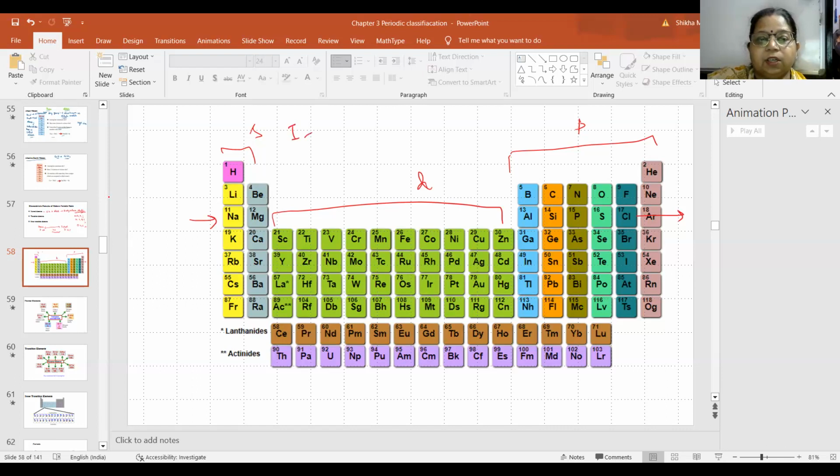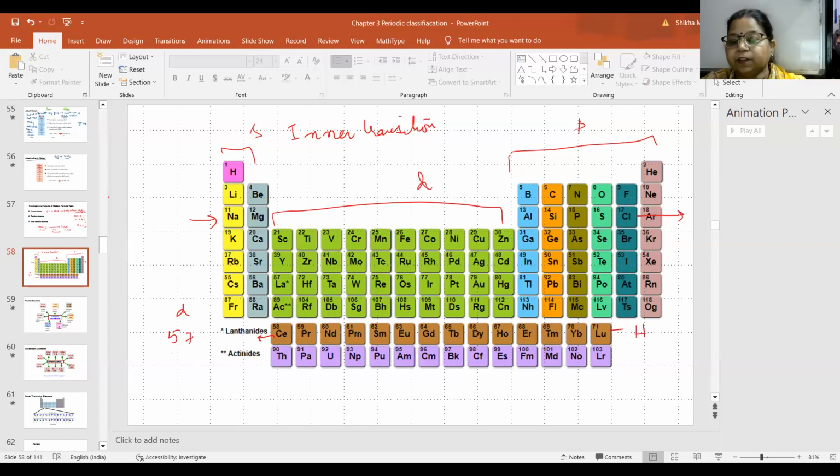The F block is commonly known as inner transition. Why? If you notice, this is cerium, which is an F block element. And before it, what is there? We have 57, which is the D block element lanthanum. Where it ends, after lutetium, what do we have?